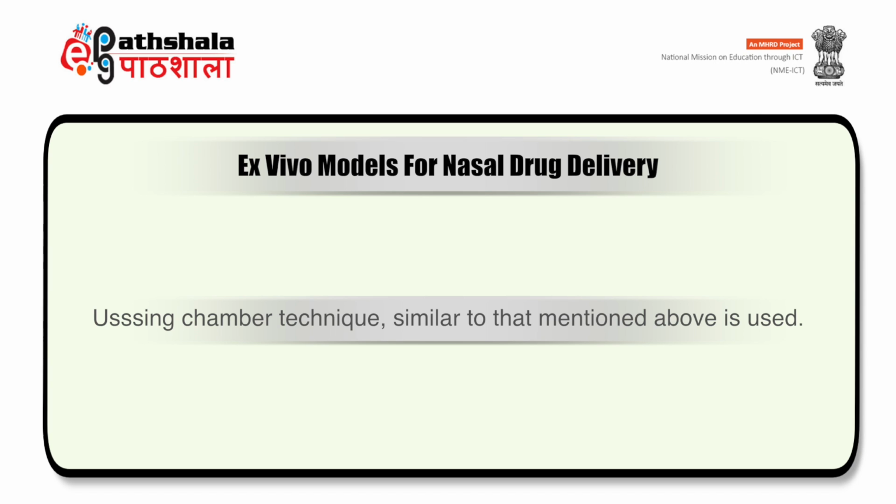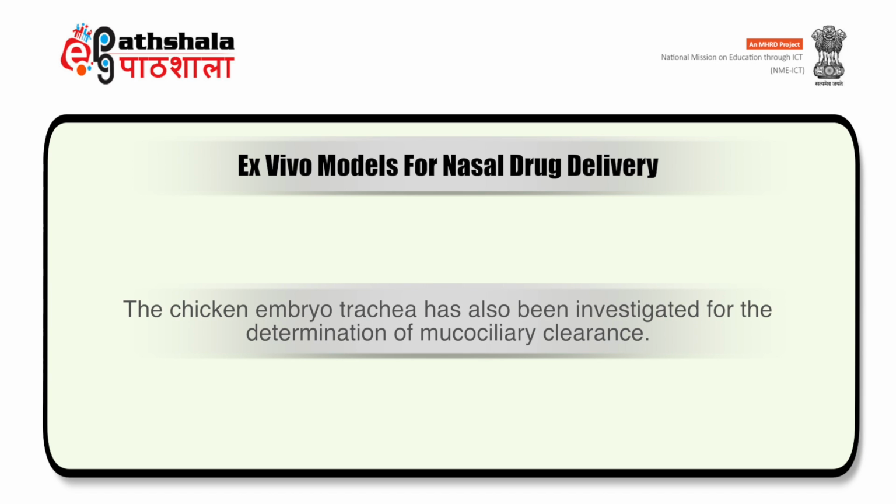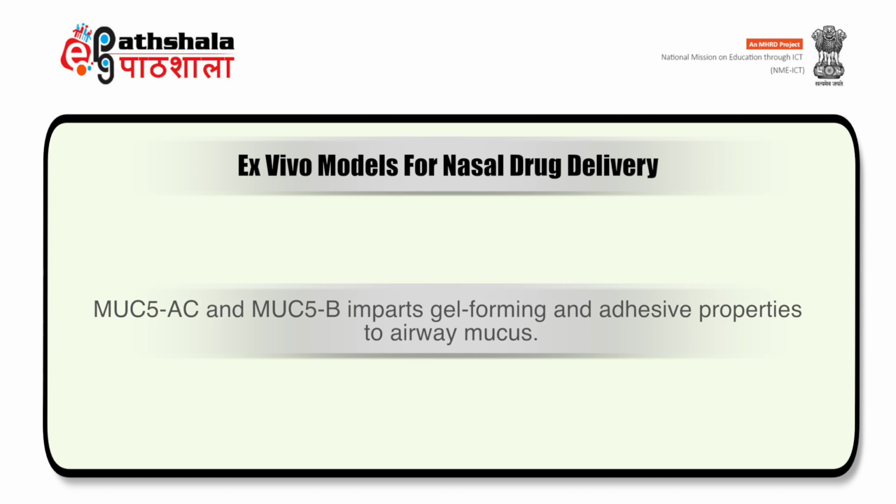A Ussing chamber technique similar to that mentioned above is used. The tissue samples from rabbits, pigs, cows and sheep are most commonly employed. The chicken embryo trachea has also been investigated for the determination of mucociliary clearance. MUC5AC and MUC5B impart gel forming and adhesive properties to airway mucus.